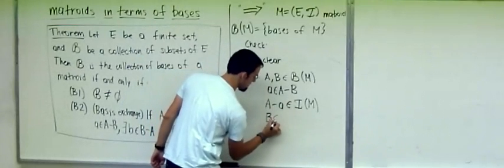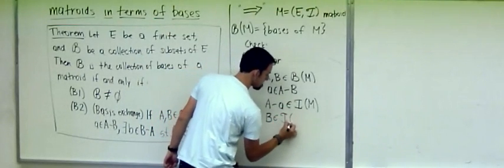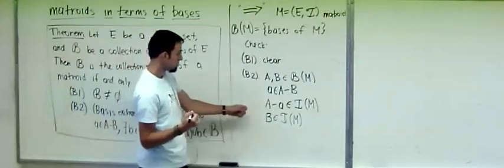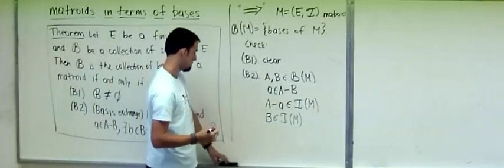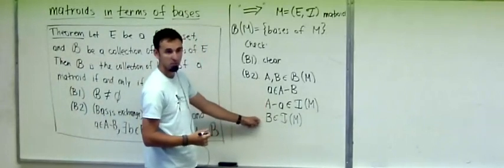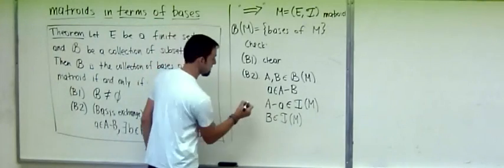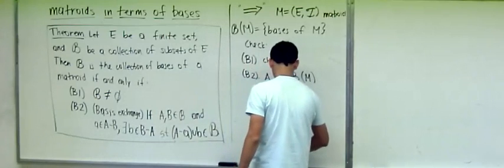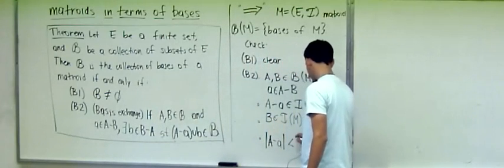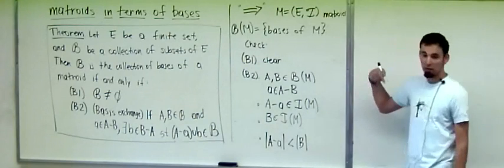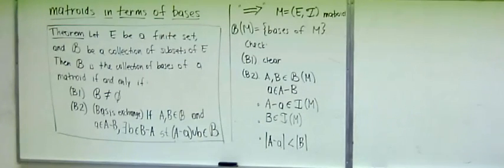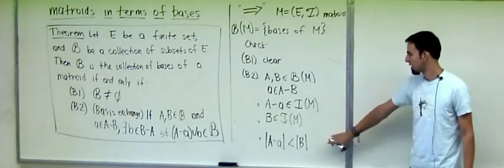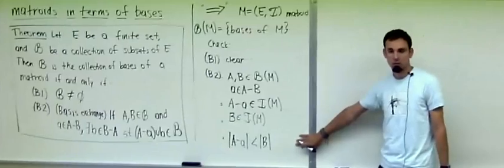B is an independent set of the matroid. And I know that A minus a is smaller than B, because A and B have the same size, because we know that if I have a matroid, the bases have the same size. So here I am in a condition where I can use the exchange axiom for independent sets.